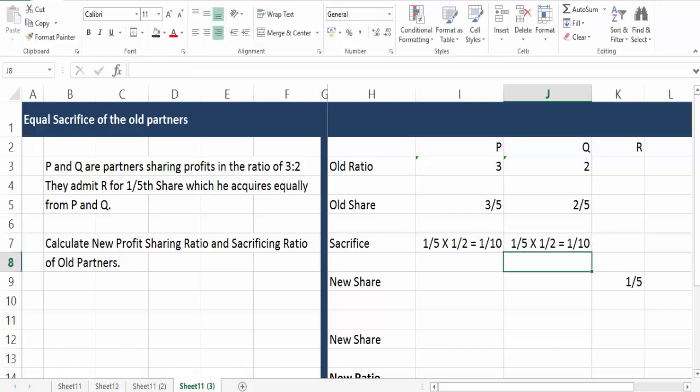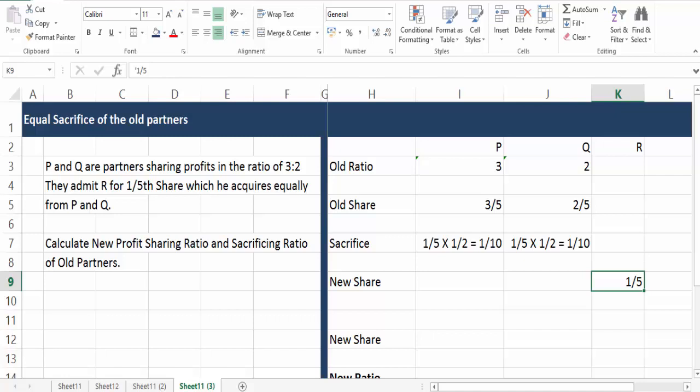So the sacrifice of P is 1/10, sacrifice of Q is 1/10. And here we have the share of R, but this is not the exact new profit sharing ratio, because from the old profit share of P and Q we have to deduct these sacrifices. Only then we'll get the new profit sharing ratio.